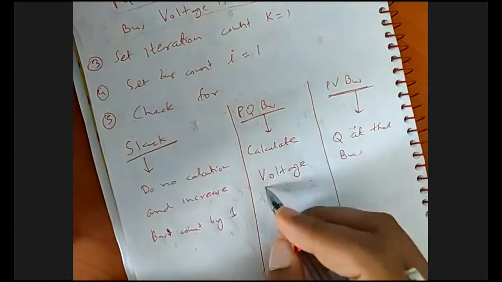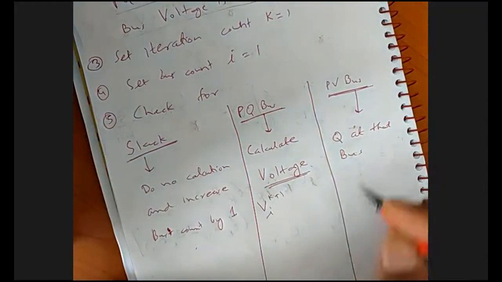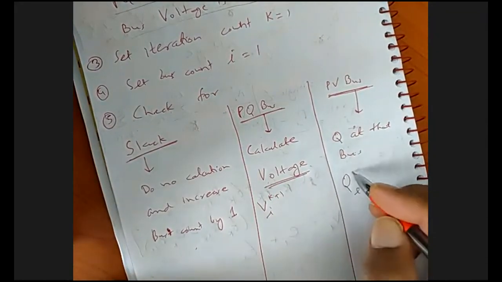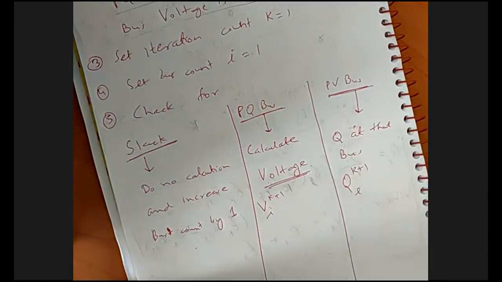So for voltage, we have the formula of V_i^(k+1), and for this also we have the formula Q_i^(k+1).